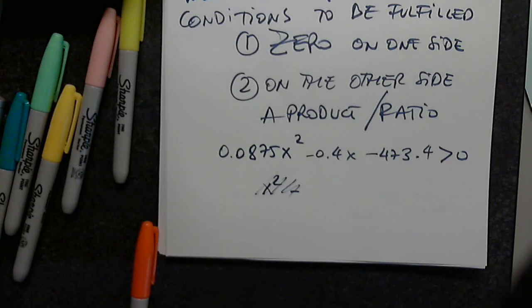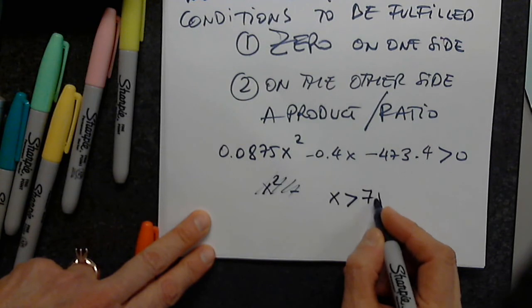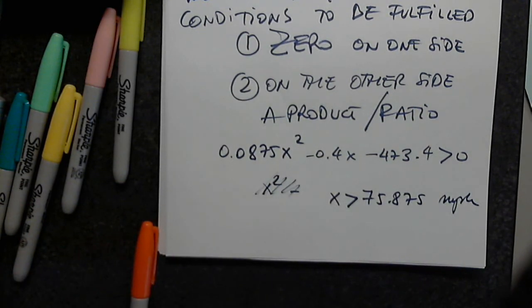Okay? But we couldn't do it with the chart that I showed you because we couldn't factor the left-hand side. We couldn't find solutions. We had to do this. No one could have found that solution of x for x greater than 75.875 miles per hour. We had to do it with the graphing calculator.